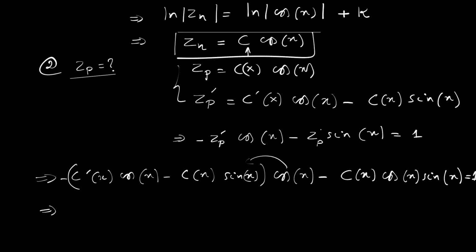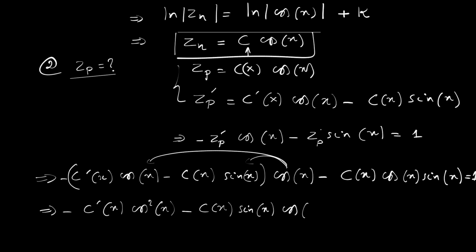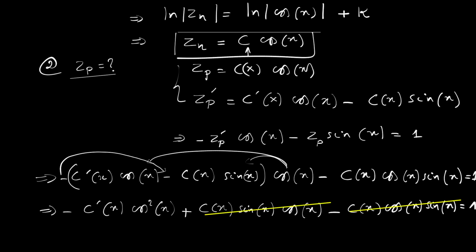Then we develop this to get cos squared x minus c x sine x cos x minus c. No, we have to multiply this by minus 1. So I continue. Now we can remove this and this.